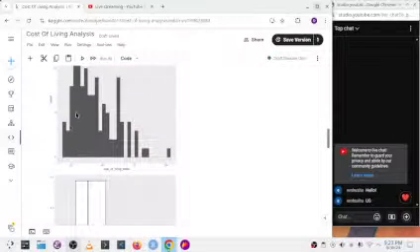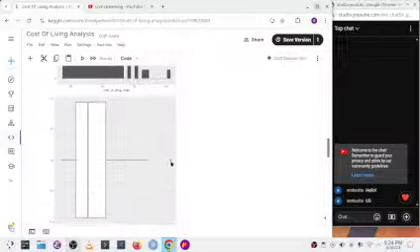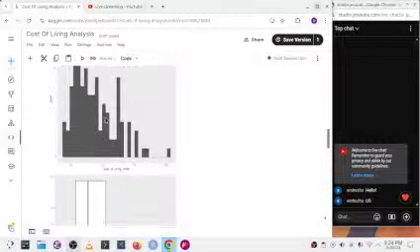We can see most of the cost of living indexes are clustered around 25 to 50. Now again, I don't really know what that means. Cost of living takes in everything, I guess, except for the cost of housing. And you can see that there's a definite positive correlation here.